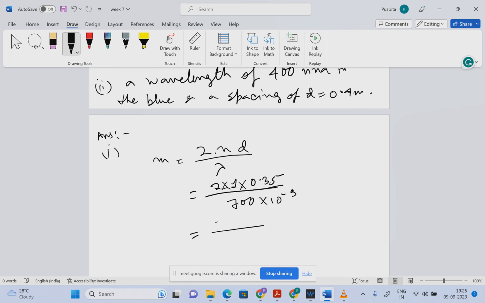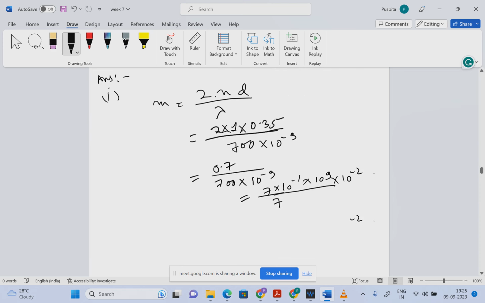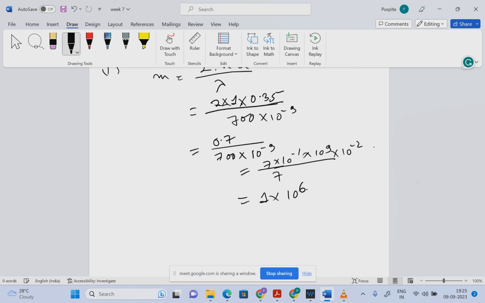This will give us 0.7 by 700 into 10 to the power minus 9. So it will be 1 into 10 to the power 6. The mode number will be that for red light.